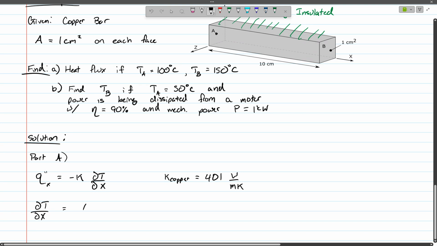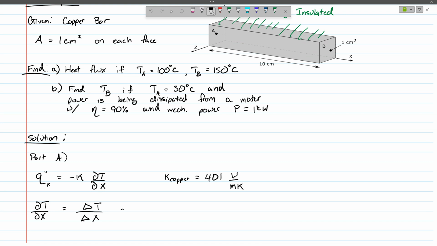Perfect. So basically the delta T over that delta x. So our TB minus TA over that 0.1 meter. 500 Kelvin per meter.